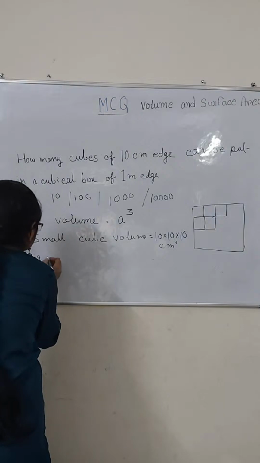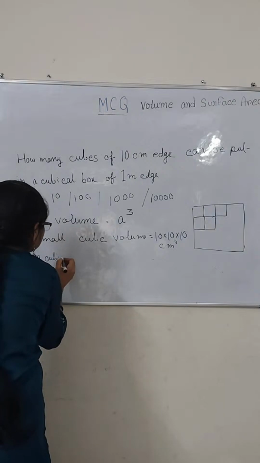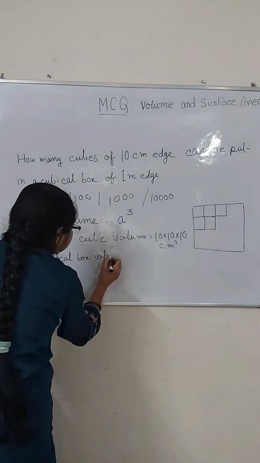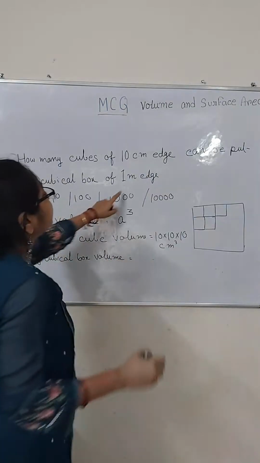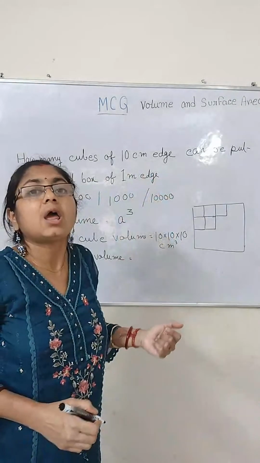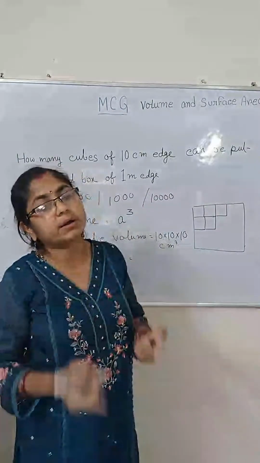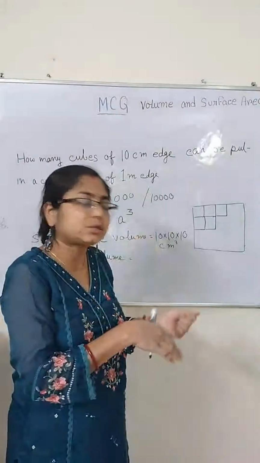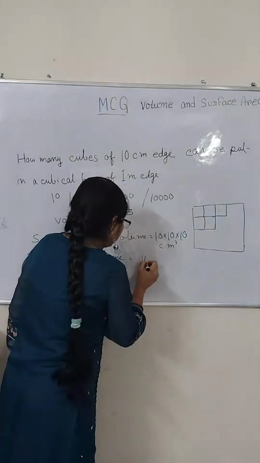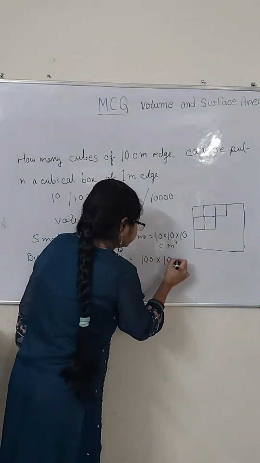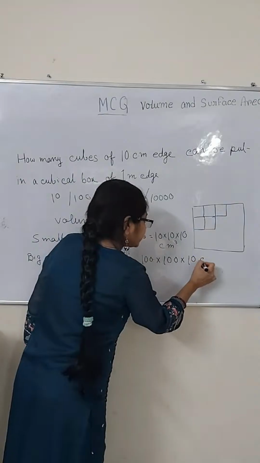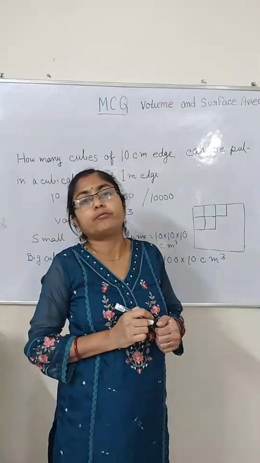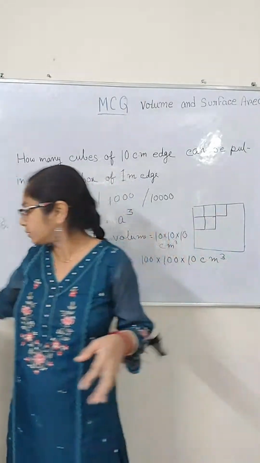The cubical box volume is converted into centimeter, because one is a big unit and one is a small unit. In that case it is easy for us to convert into the small unit. So, centimeter cube. Clear?